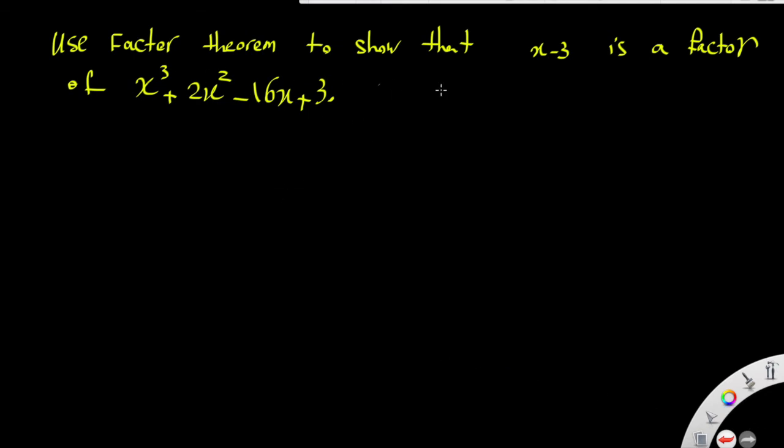So when it says it's a factor of this polynomial, I should show that the remainder will be 0. So how do we find the remainder?